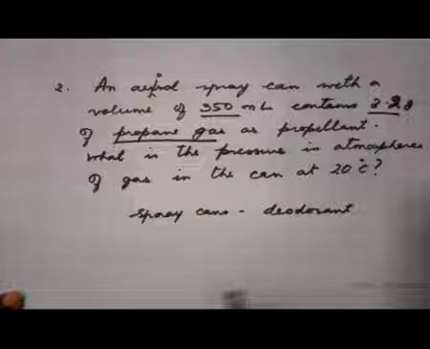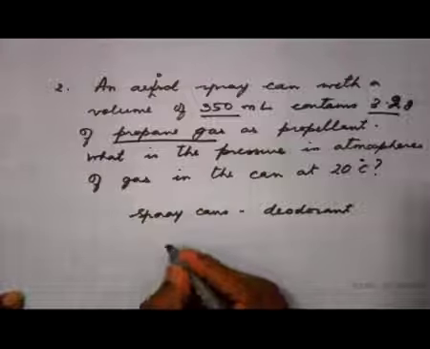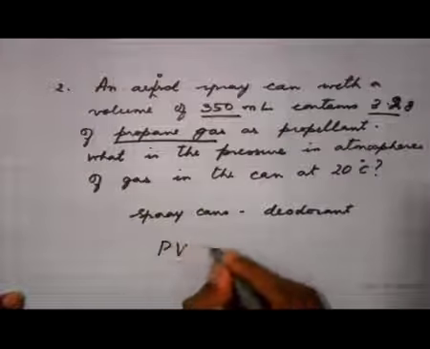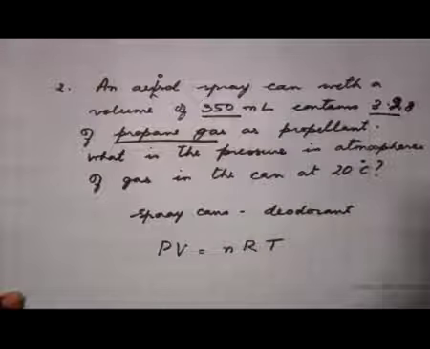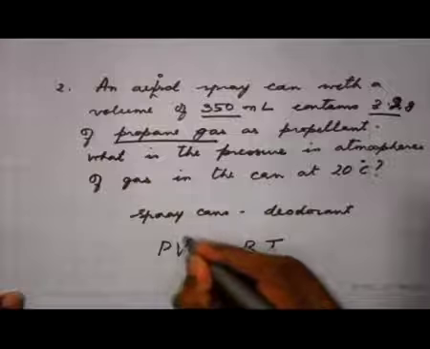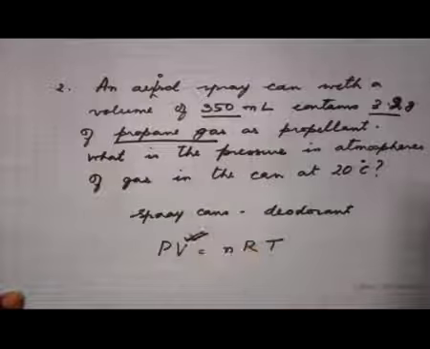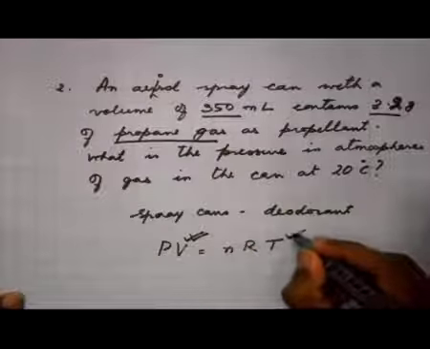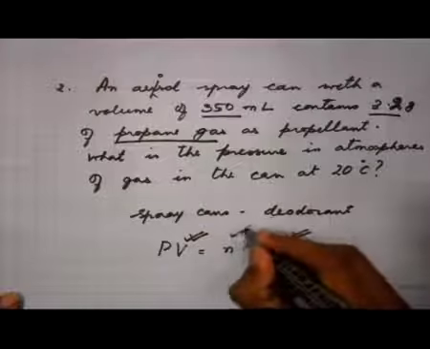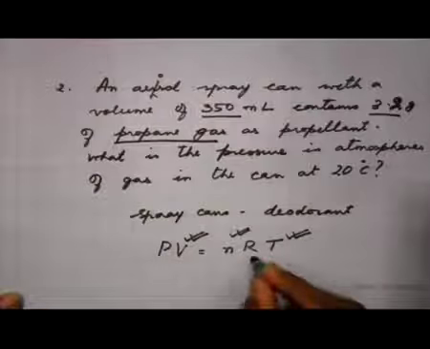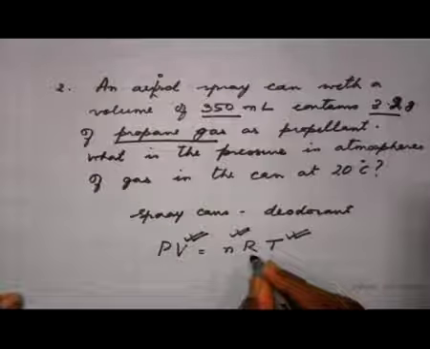So, the approach that we take is to use the ideal gas equation. So, we say P V equals N R T, right. So, we have been given the volume, we know that the temperature is 20 degrees Celsius, we know what N is, and we already know that this is the universal gas constant.